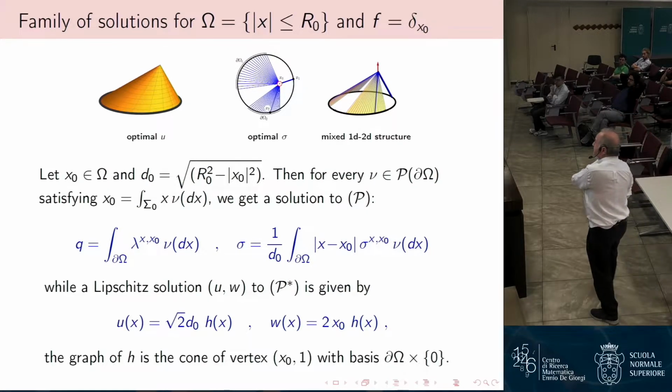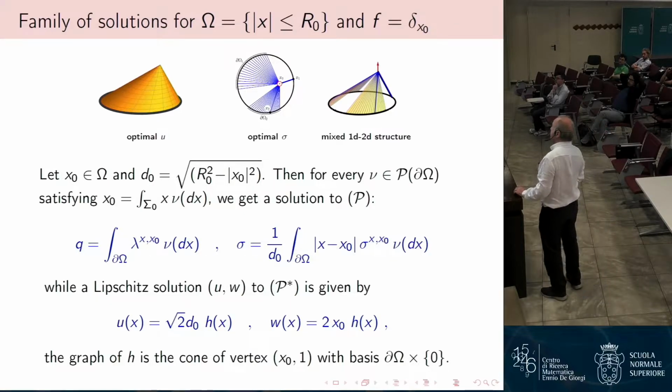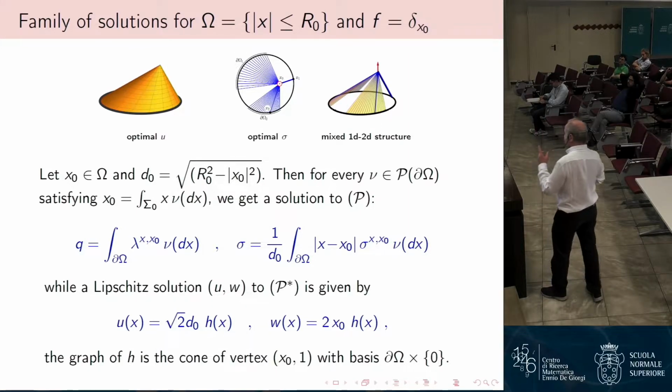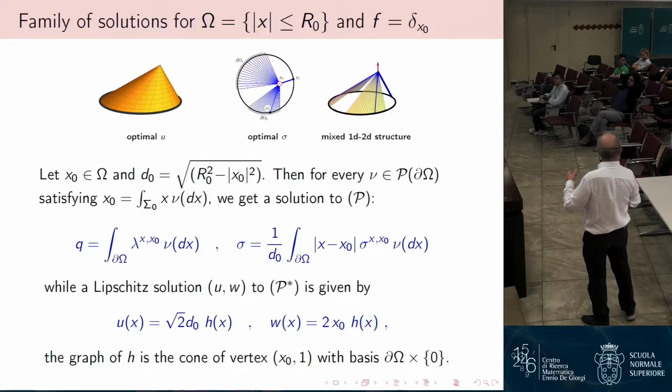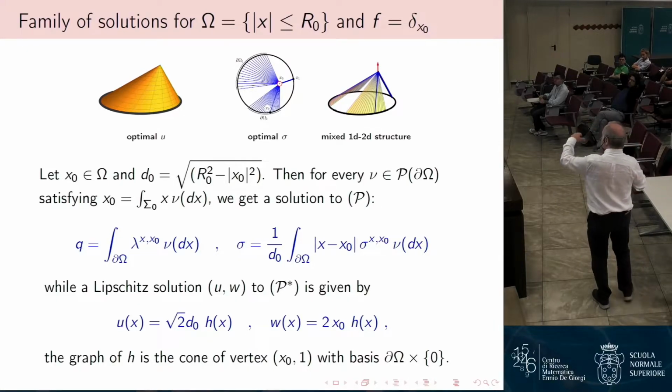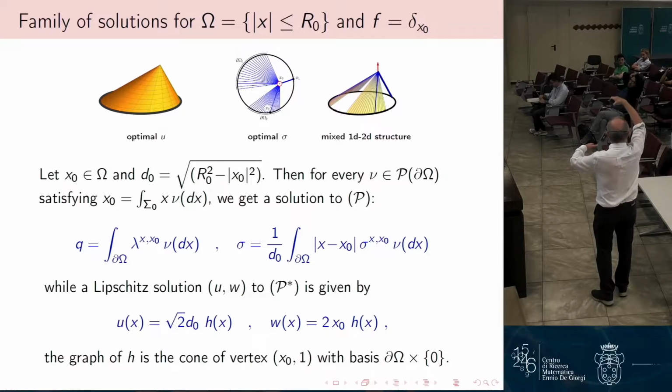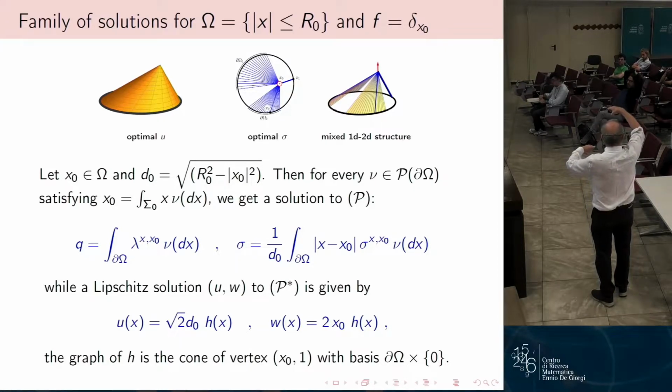But doing this, we find explicit solutions. For instance, if omega is a disk and F is a Dirac mass inside, you have an explicit solution which was found by Carroll, because when you consider the Vaux problem, you have a circle, you push vertically.